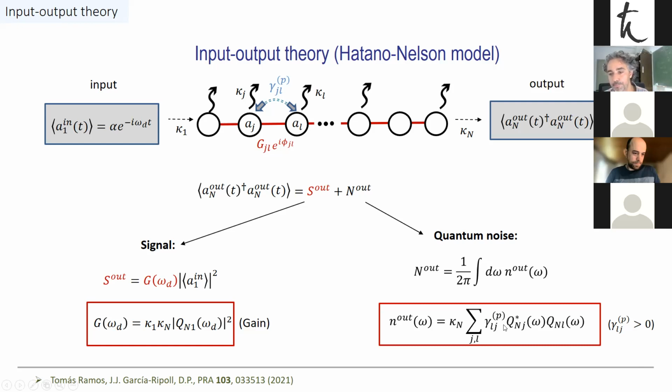This γ_P here is the incoherent coupling in the system, and noise depends on that rate of incoherent emission of photons, amplified by this Q matrix.